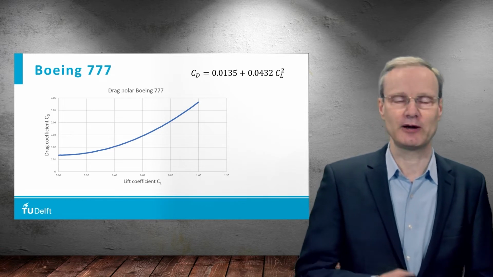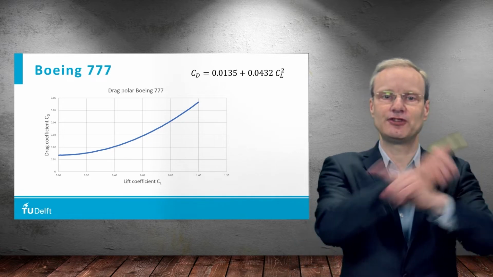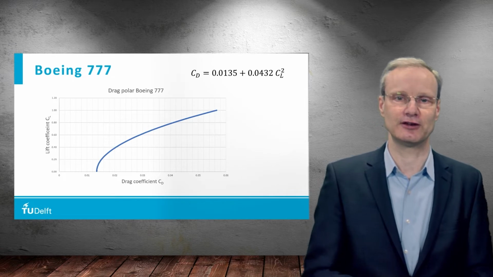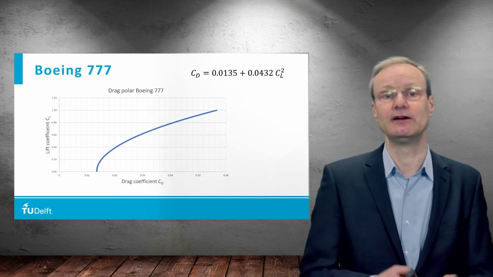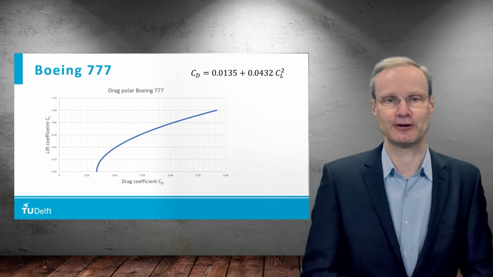But this is not the way we normally make this graph in aviation. We do something weird. We interchange the axes, we flip the axes. So normally the way we draw this graph looks like this, where we now have the drag coefficient on the horizontal axis and the lift coefficient on the vertical axis.